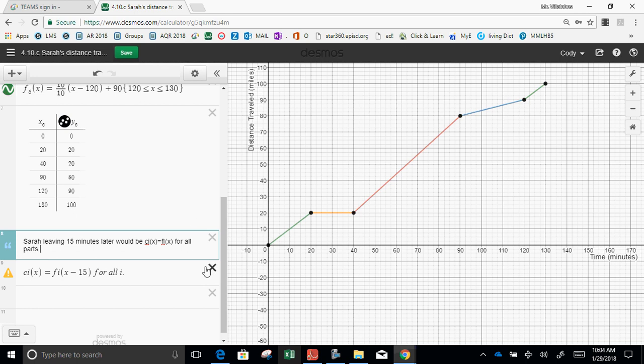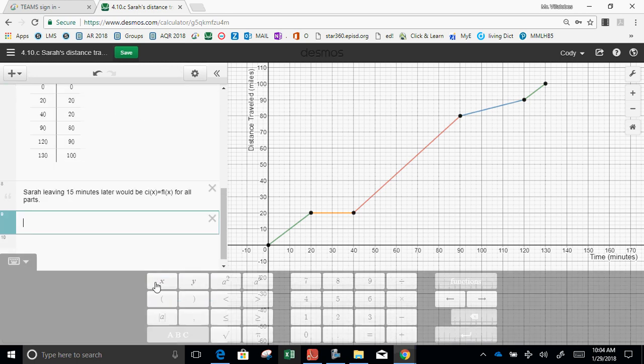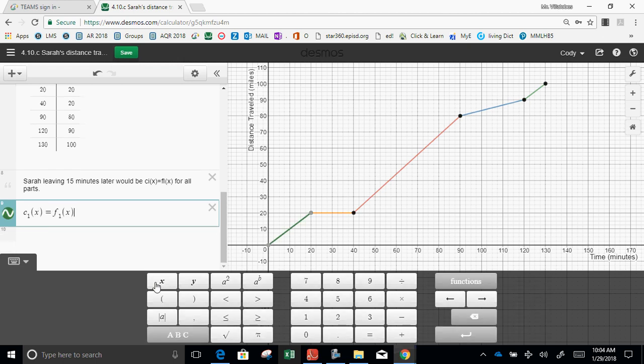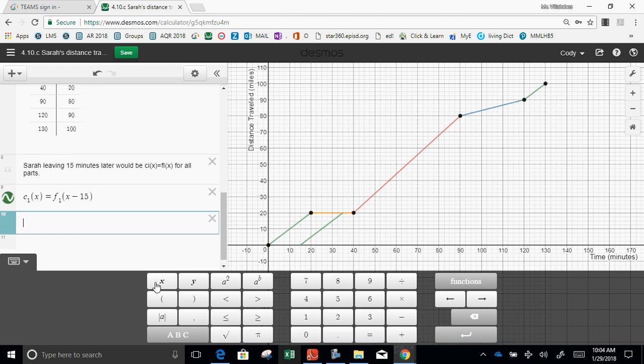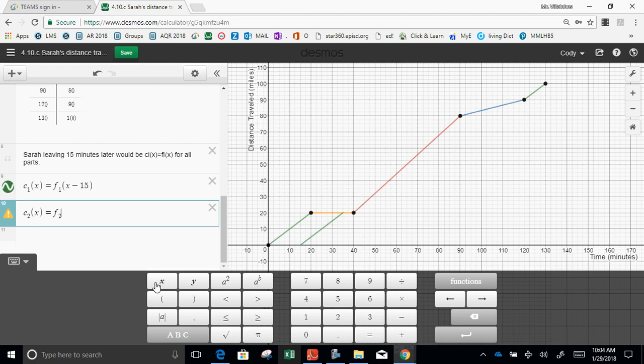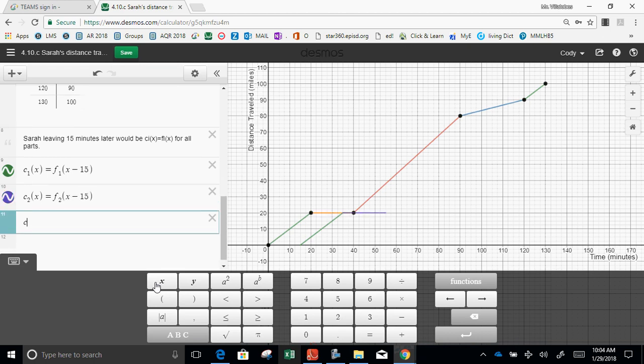Okay, so that looks this way. You write C1 of x equals F1 of x minus 15. That allows you to keep the original plus C, the new thing. And you continue in this fashion.